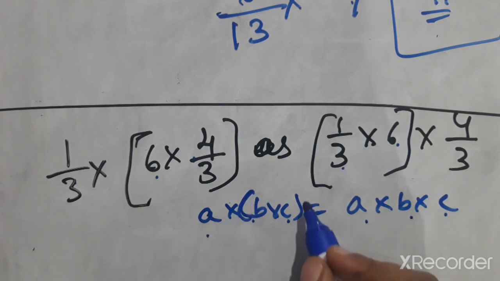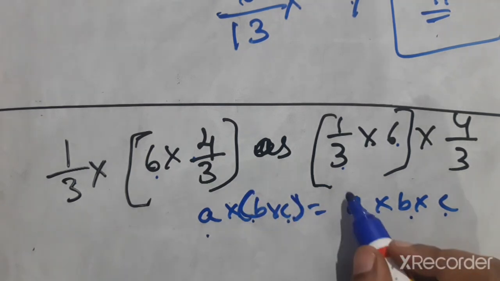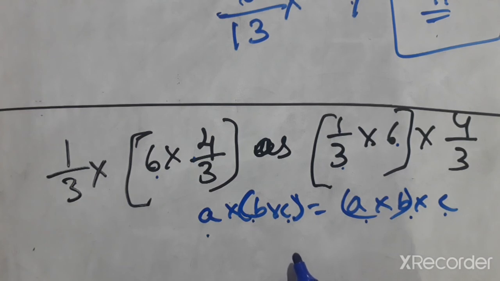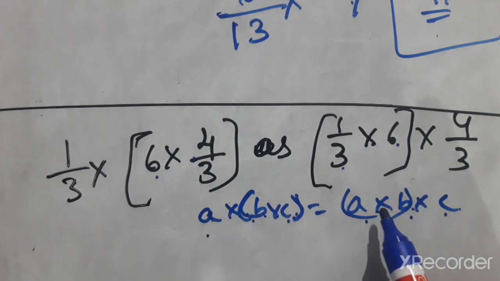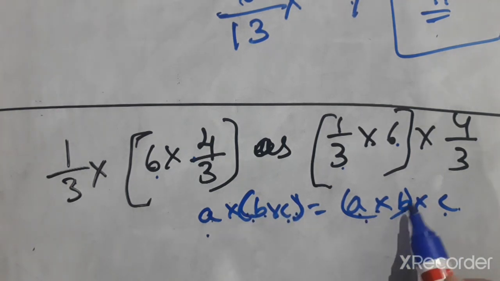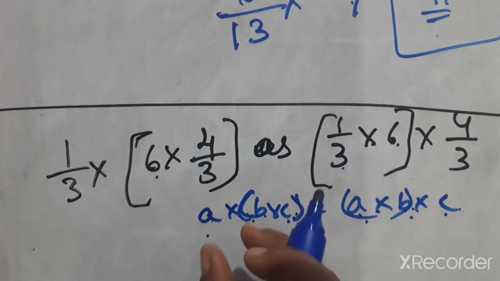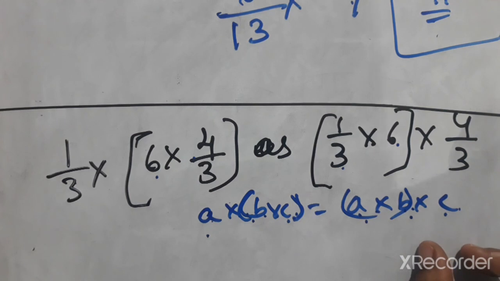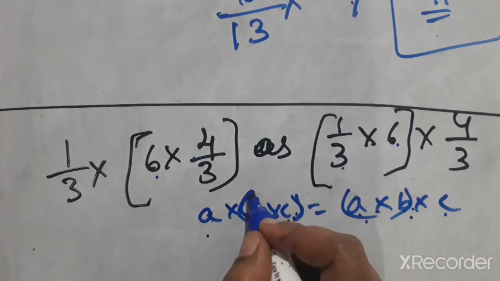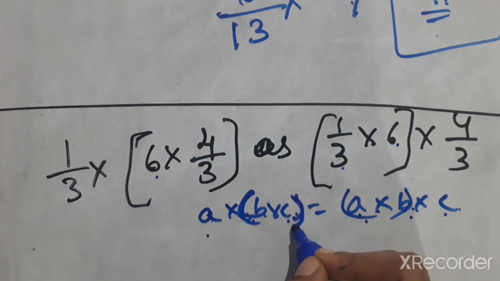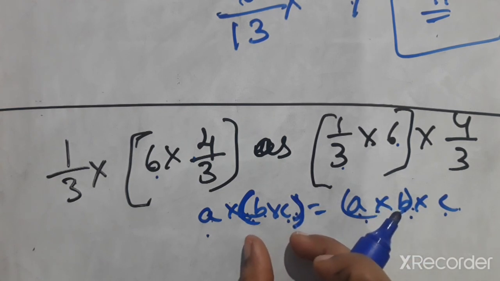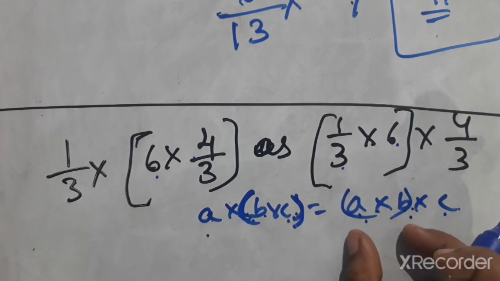Here the bracket is for the second and third terms, and there the bracket is for the first and second terms. So this is the associative property. Associative property means the numbers or letters are the same on the left and right sides; only the brackets change. If you put the bracket for the second and third, here we regroup and put the bracket on the first and second.